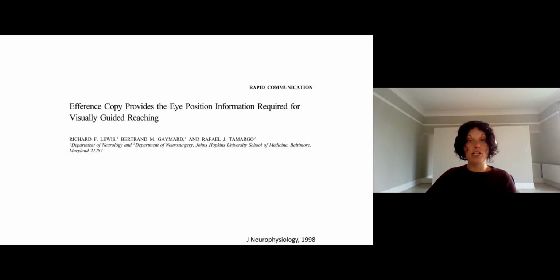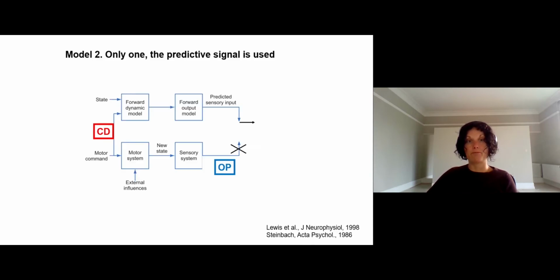And from here, Lewis and colleagues concluded that proprioception is not necessary and efferentoscopy or corollary discharge is sufficient. So using the same scheme that I used before, their model would be that only the predictive, the fast signal is used, and ocular proprioception is not necessary.